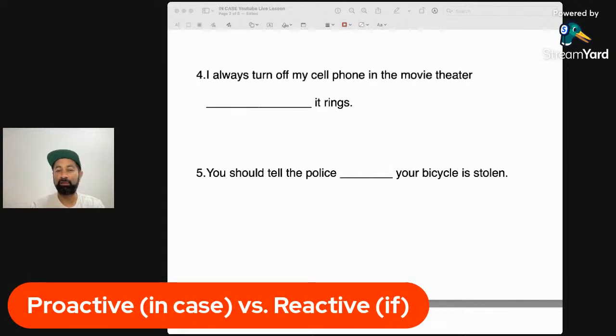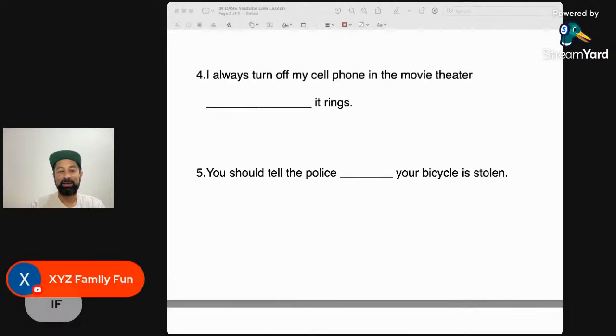So how about number 5, YFS? You should tell the police something. Your bicycle is stolen. All right, YFS. If, XYZ, if that is correct. You cannot tell the police if your bicycle is not stolen.